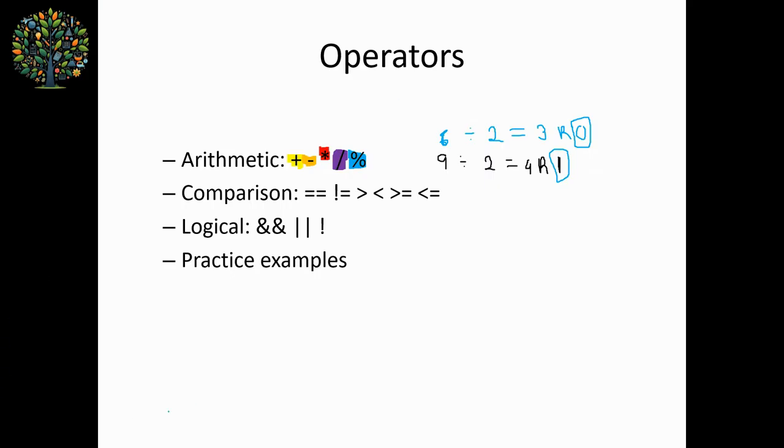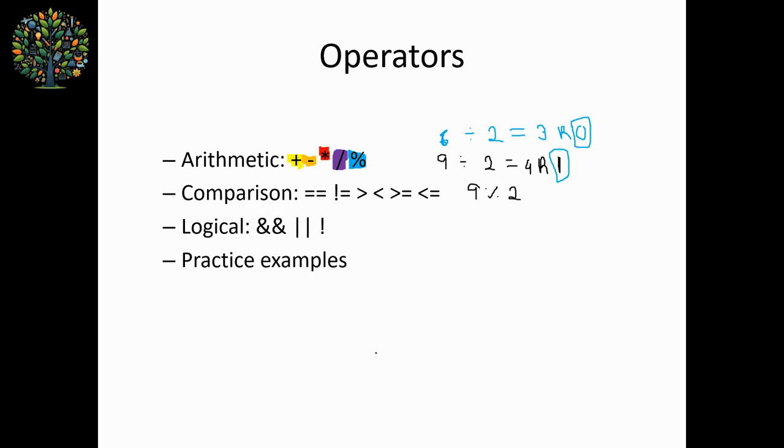So let's do an example here. Let's say I had 9 mod 2. I do not want to use the equal sign because in coding it means something totally different.